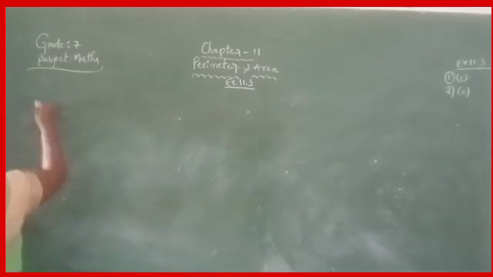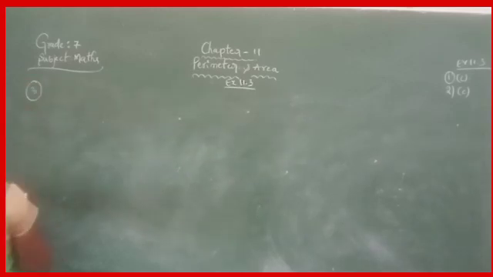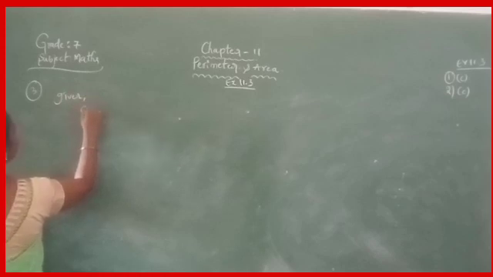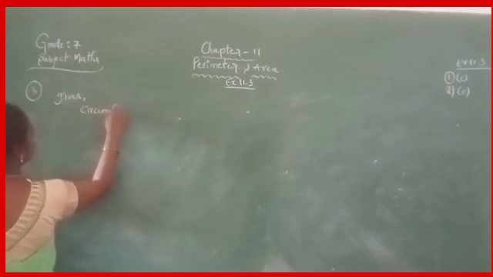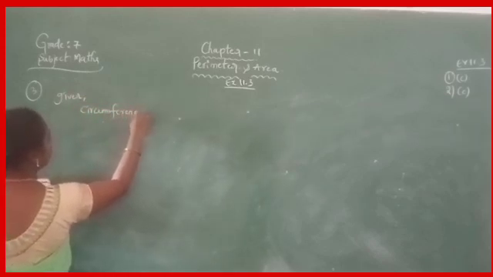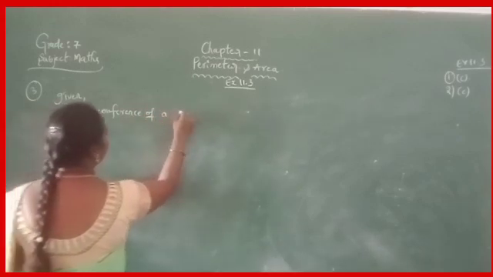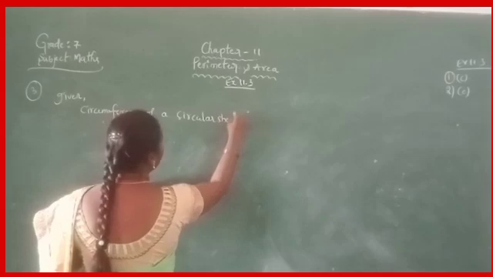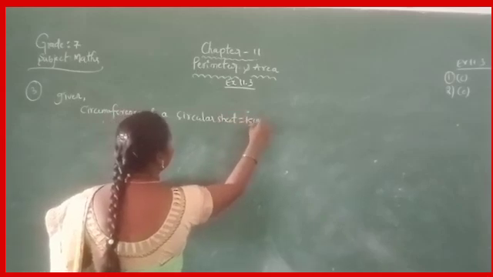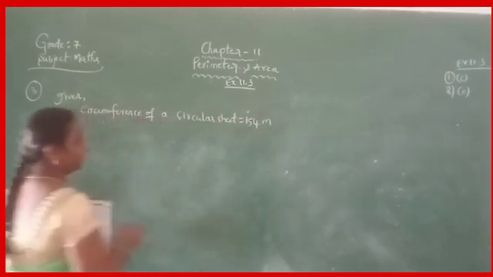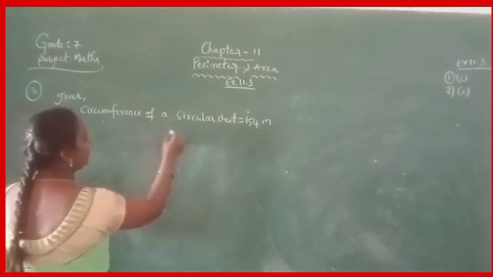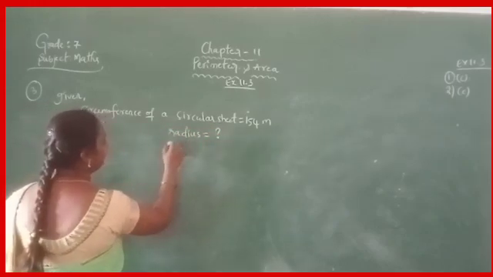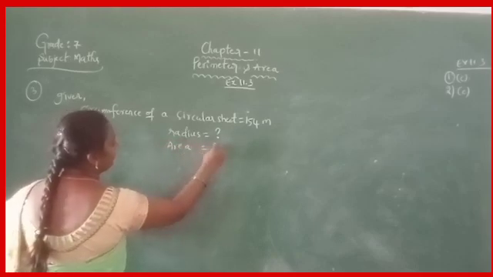First, given values: the circumference of a circular sheet is 154 meters. We have to find the radius and the area.